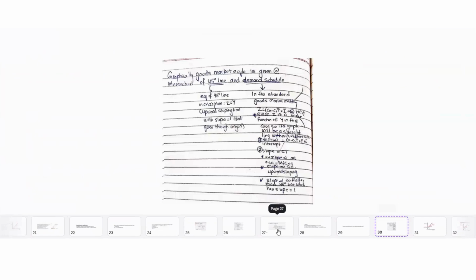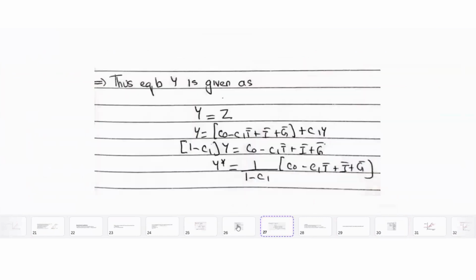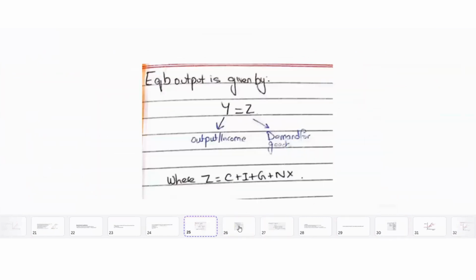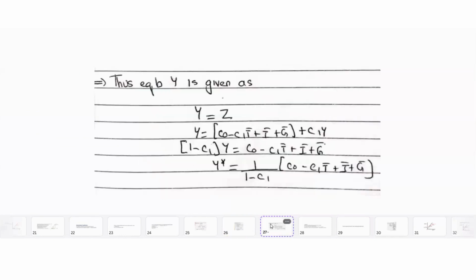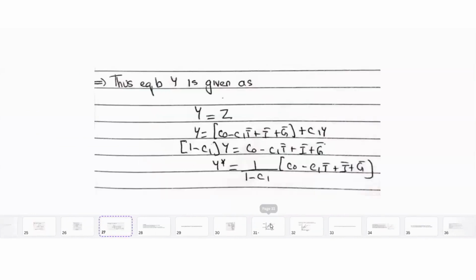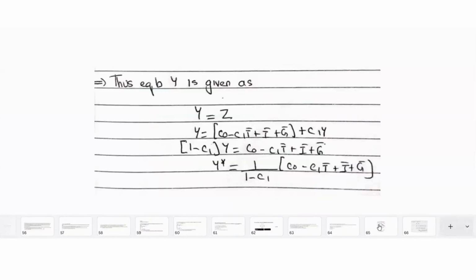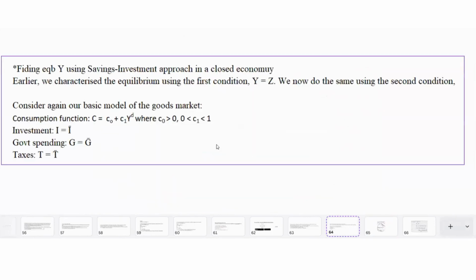Here we found equilibrium Y using the first condition, Y is equal to Z, the income expenditure approach, right? Over here we found the demand function Z, we set it equal to Y and found equilibrium Y. We now want to do the same using the alternative way to represent equilibrium in the goods market in a closed economy.